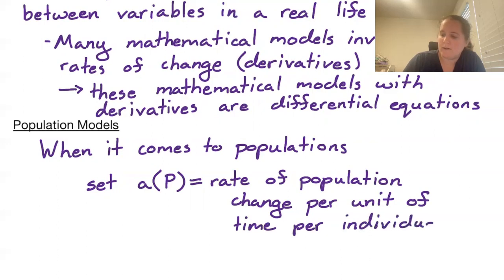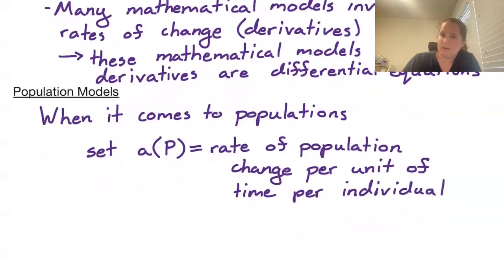So again, we're assuming that we're looking at essentially the average change in population per individual. So we might say that on average, adult rabbits produce 3 rabbits per year, or just in general, if you take the average across all rabbits, babies and adults, maybe they produce 2 a year.